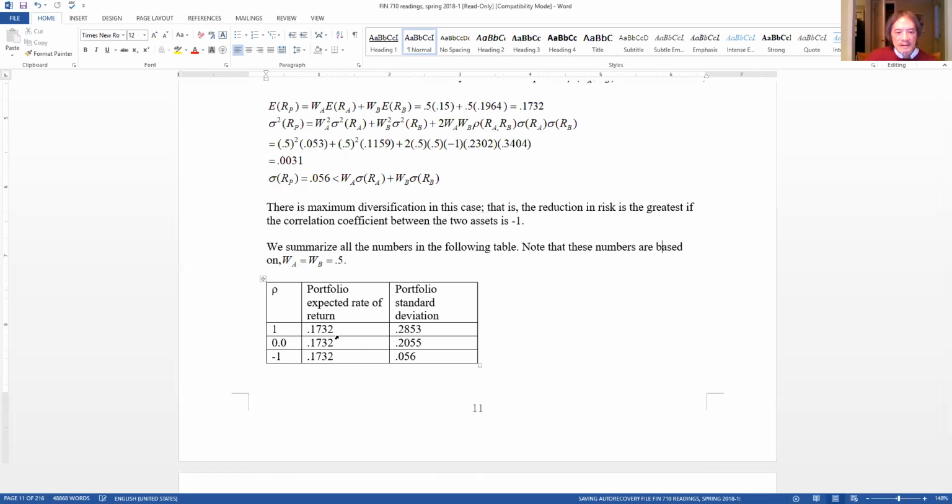You can tell that the expected return stays the same, regardless of the correlation coefficient. But the standard deviation of the portfolio, the risk of the portfolio, changes. In fact, when the correlation becomes more negative, the standard deviation becomes smaller.